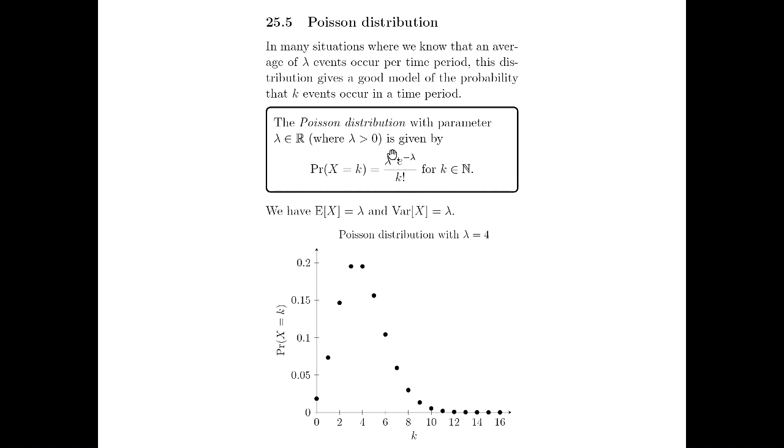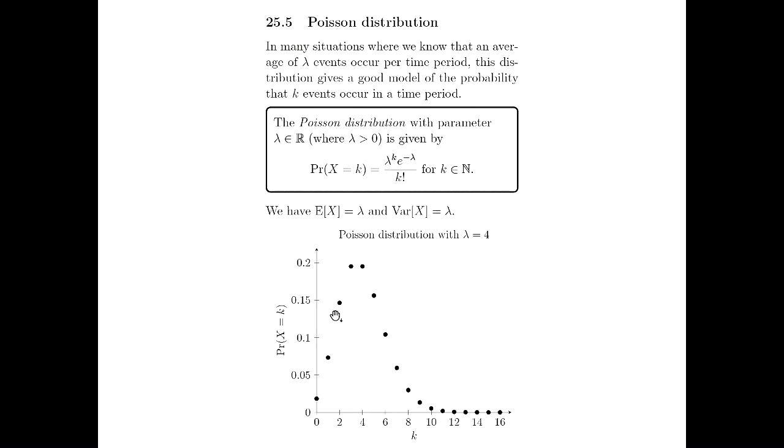It's got Euler's number in there. The only parameter here is lambda, where lambda is the number of things we expect in our time period, right? So unsurprisingly, its expected value is lambda. Its variance, it actually turns out, is also lambda.